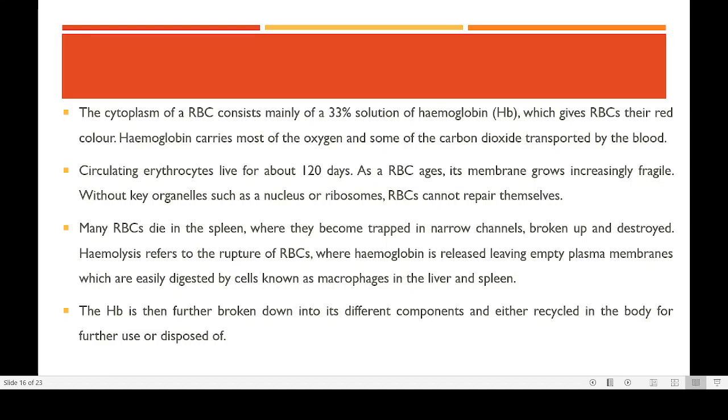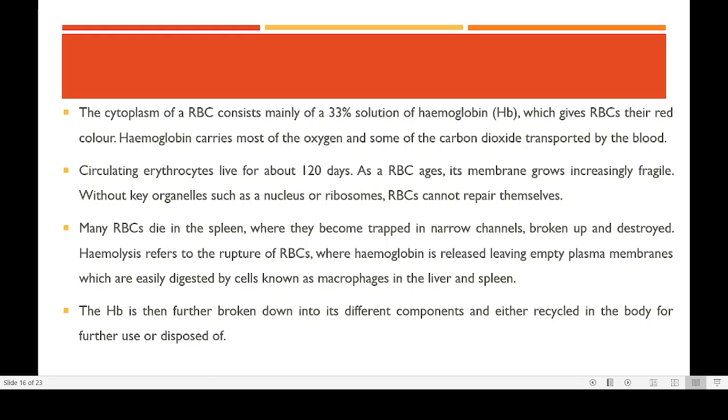Now coming to the life of RBC, it normally lives for about 4 months or 120 days. That is the normal lifespan of an RBC. After 120 days, it will be taken to the liver or spleen where it will be destroyed and its parts will be used for regeneration of new RBC.